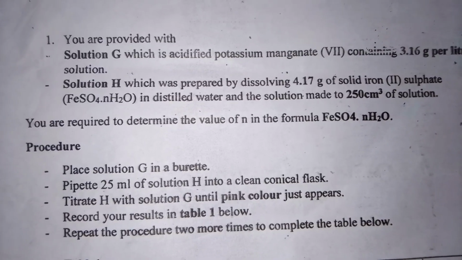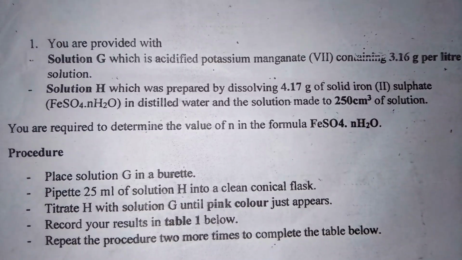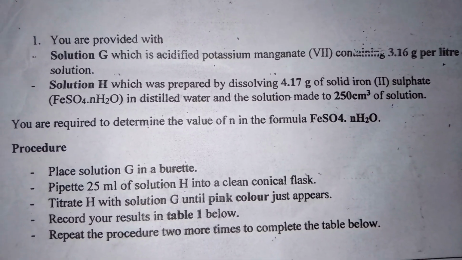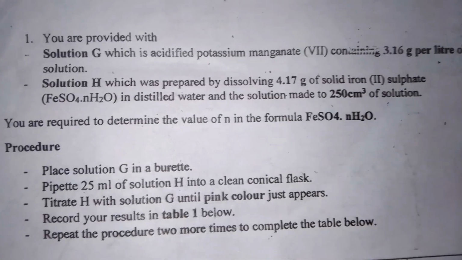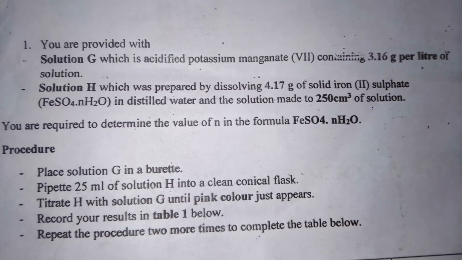Let me just read. You are provided with solution G, which is acidified potassium permanganate 7, containing 3.16 grams per liter of solution.